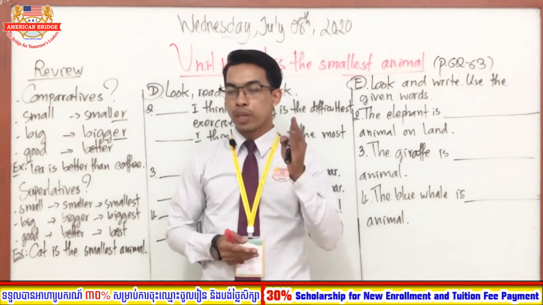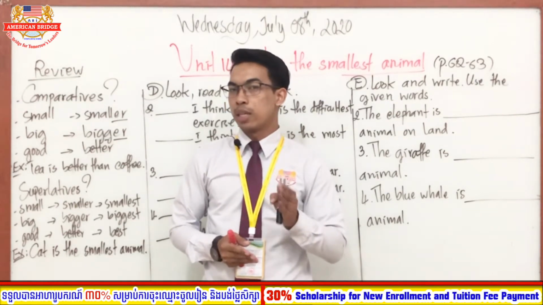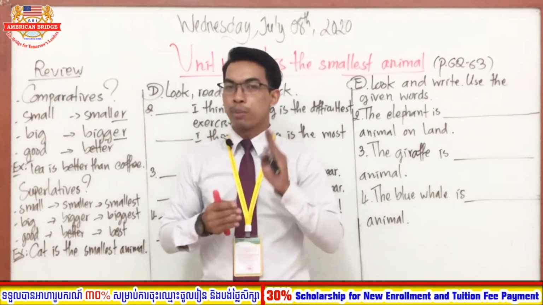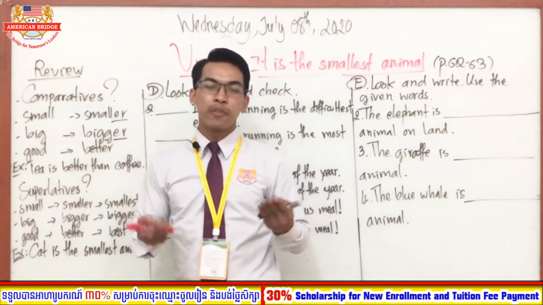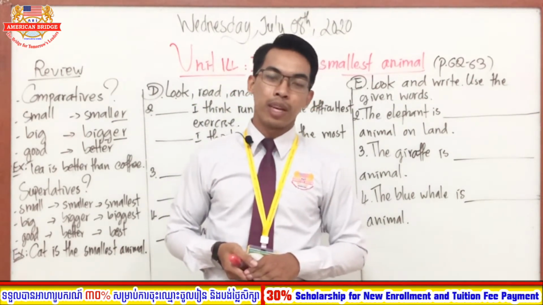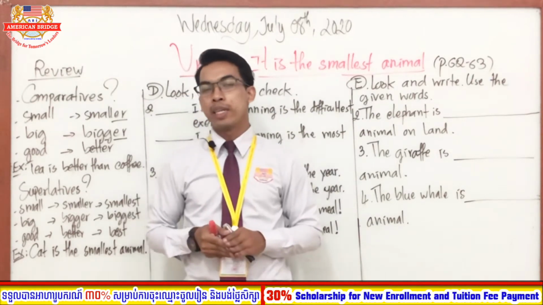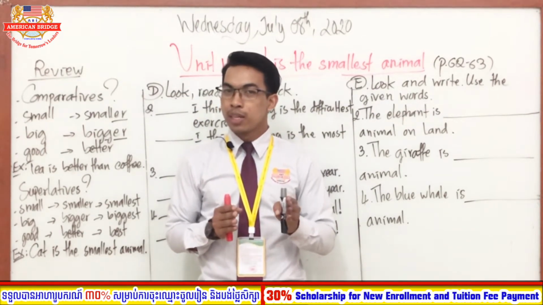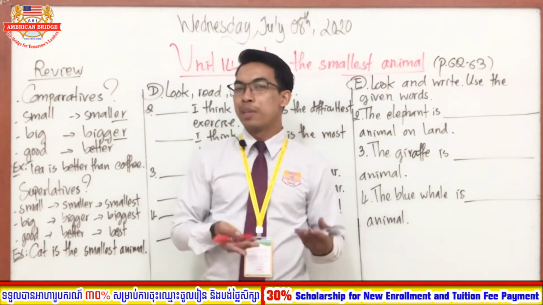The first one is regular and the second one is irregular. In regular, we have three more types. The first one is by adding er, the second one by adding ier, and the last one by adding more. Is it right? Good. Teacher believes that you still remember well.